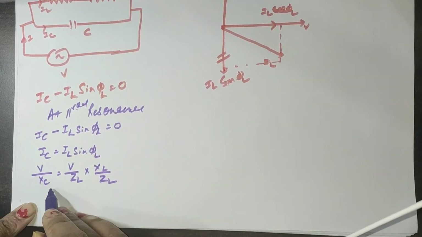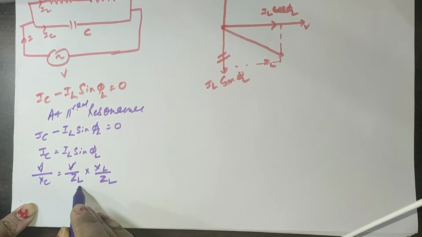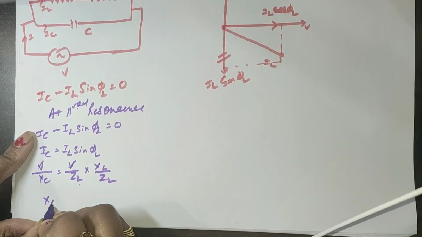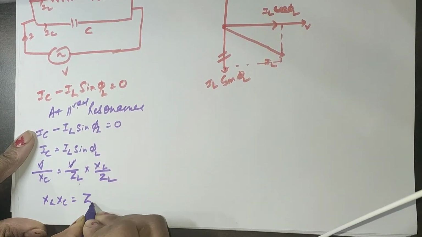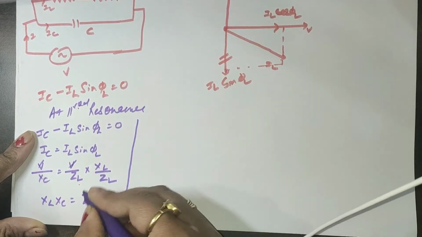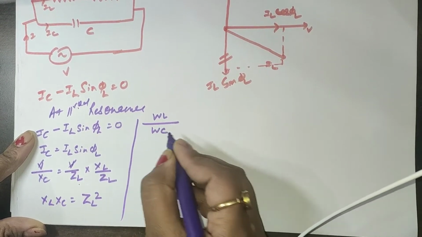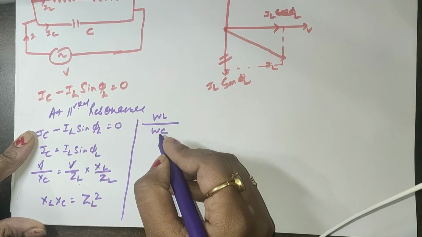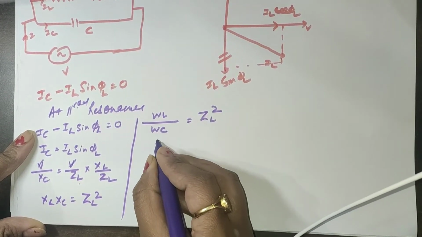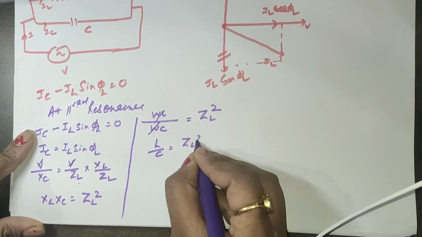If you solve this, V cancels, and rearranging, XL XC equals ZL square. Now XL is omega L and XC equals 1 upon omega C, so omega L upon omega C equals ZL square. Omega cancels, so L upon C equals ZL square.